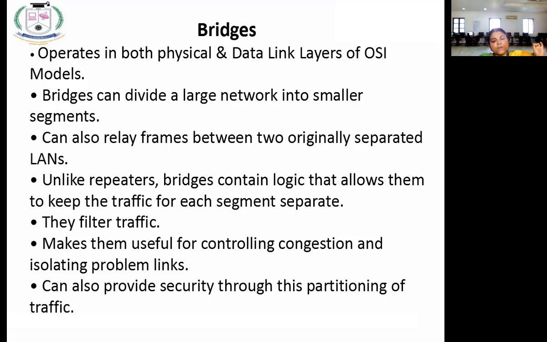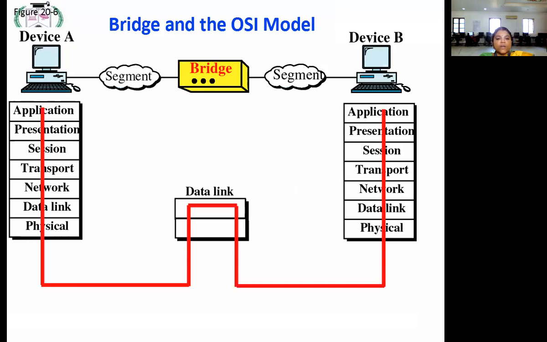It means they have a table which they can refer to, and they are able to transfer the packets from the source to the destination alone, not like the repeaters, which transfer to all other devices connected in the network. As a result, there is a possibility of avoiding collision, and also of security through this partitioning of traffic. This is how it works.